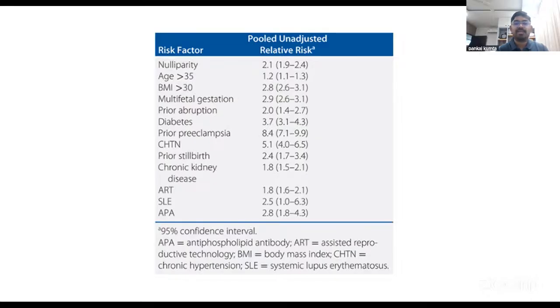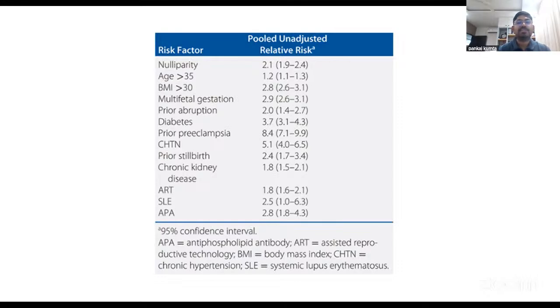Because the body has already dealt with this kind of situation before, the vessels develop much better than in a nulliparous woman, where it is the first exposure to these antigens. So that will be the answer.